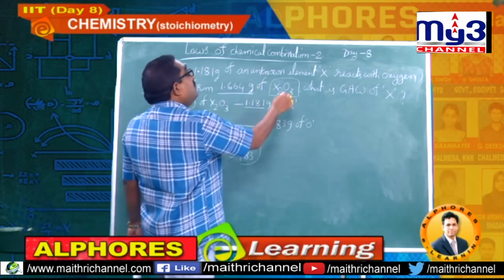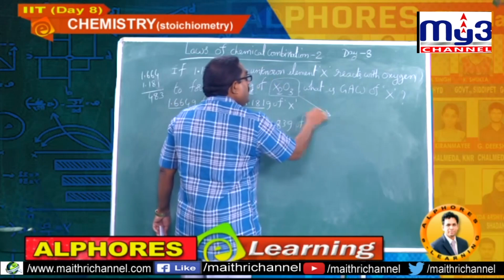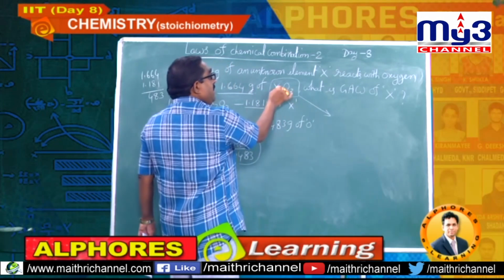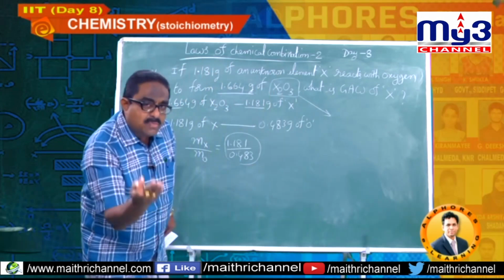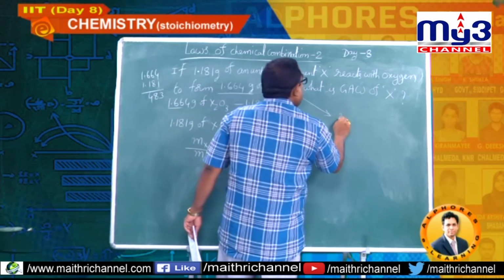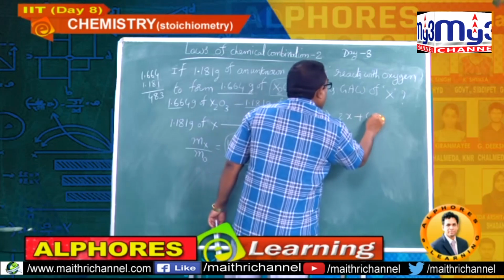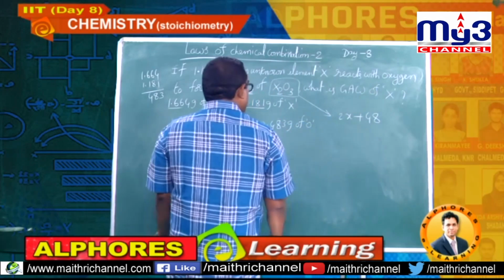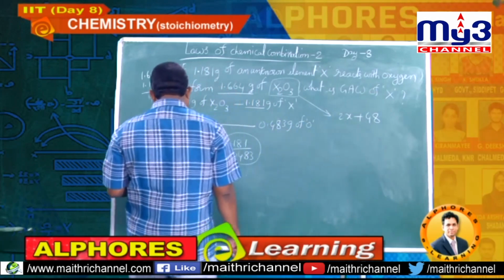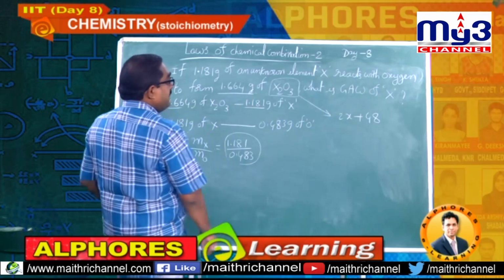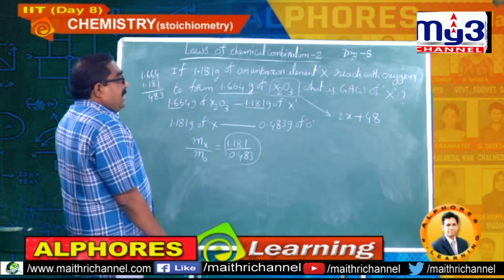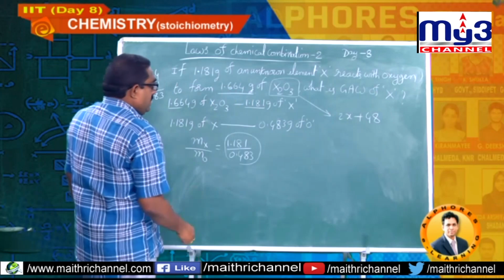So coming to the estimation of molar mass, if atomic weight of X is considered as small x, you can write it as 2x plus 3 by 16, 48. 2x plus 48. Right. So, or you can also write moles ratio.